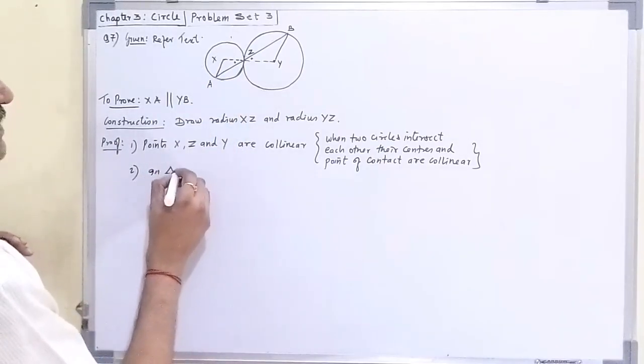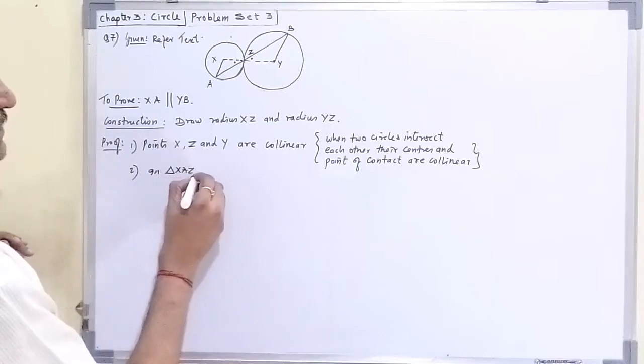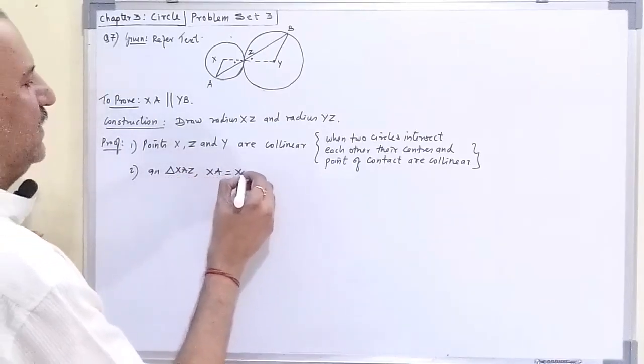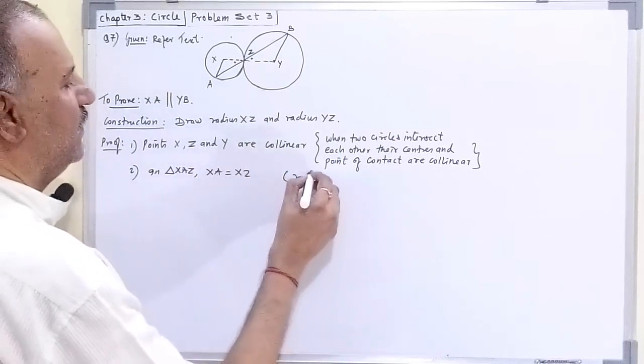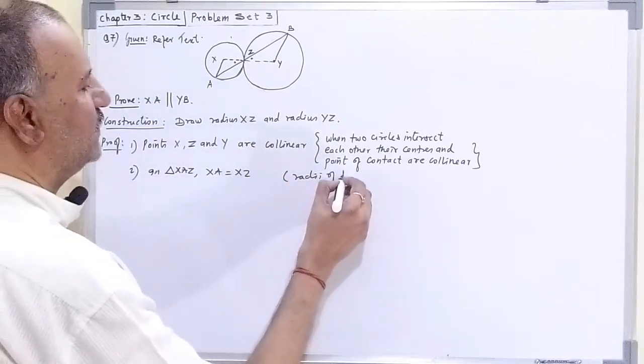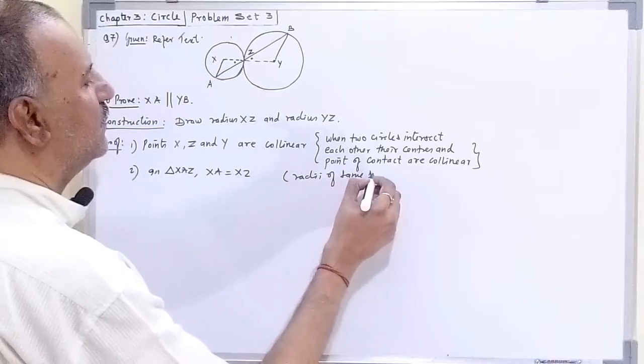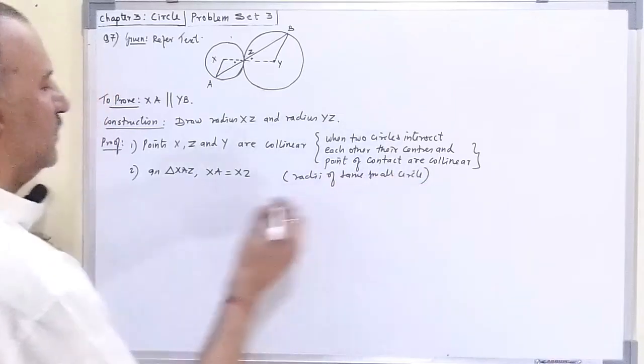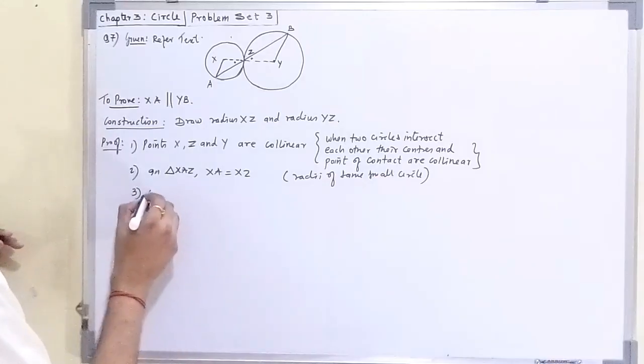In triangle XAZ, XA equal to XZ, radii of same small circle. Statement number 3.